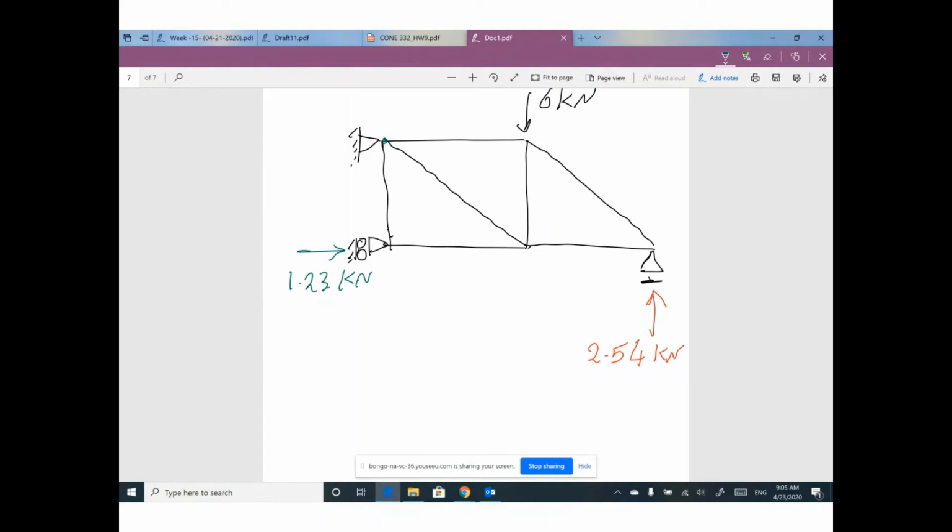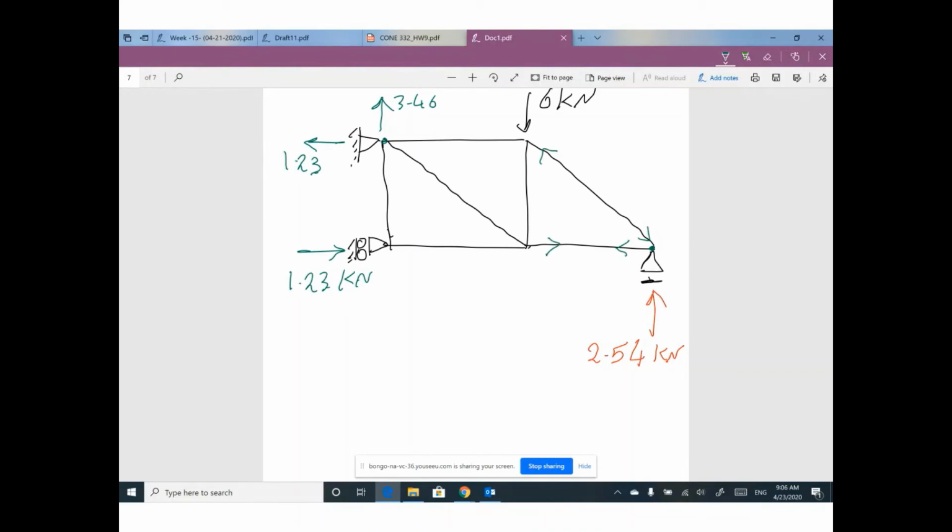If you apply summation Fx, this reaction will be 1.23. If you apply summation Fy, this reaction will be 6 minus 3.46. I think I can start to make joint equilibrium here. This member will be in compression, and this member will be in tension.